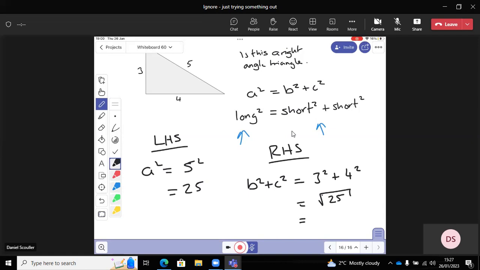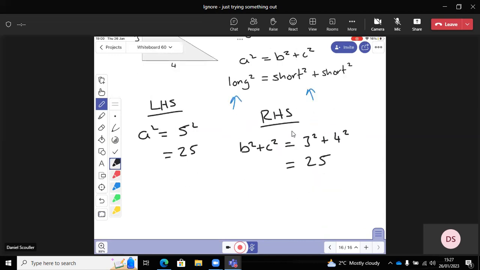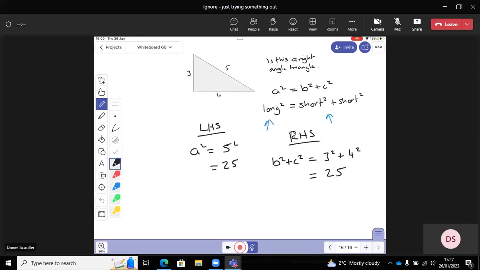This is equal to 25. So the left hand side is equal to the right hand side. So that's proven.